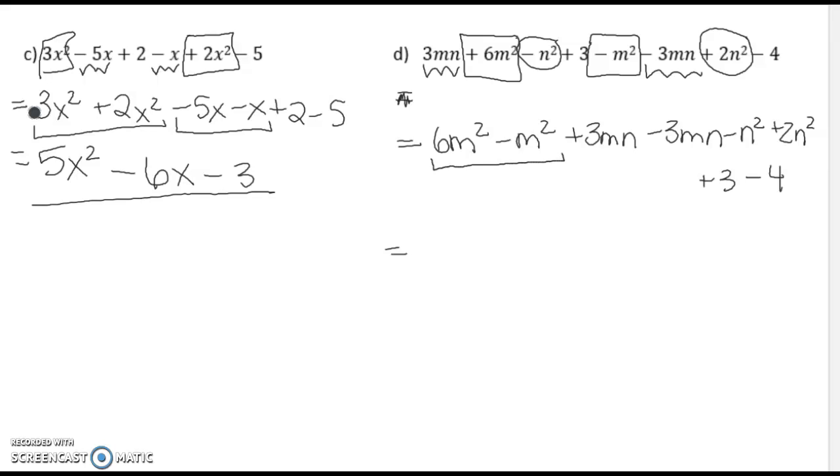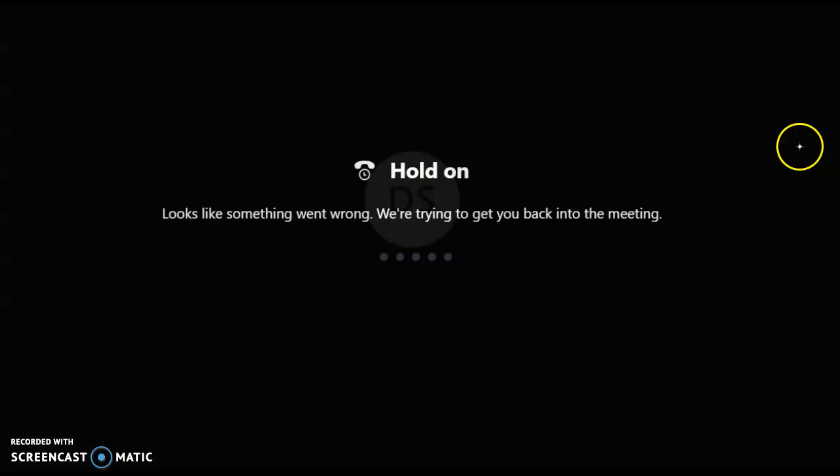So if you had 6m squareds and you take away 1m squared, you're left with 5m squared. Here, 3mn's, take away 3mn's. That gives us 0mn, so you don't even have to write it. Now let's look here. Negative n squared plus 2n squared.